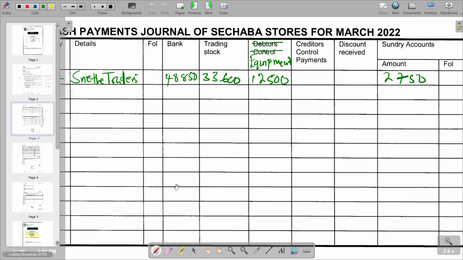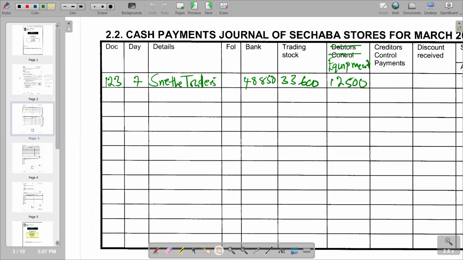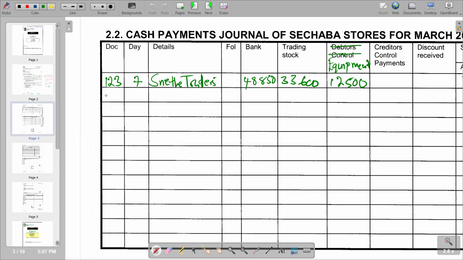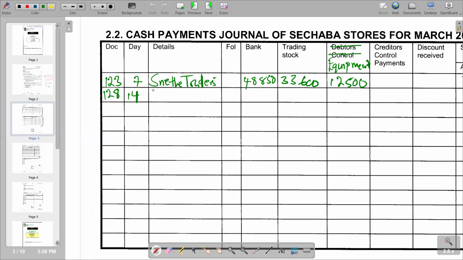So we go to our other section, and we see the document number. Remember the value that we located, 128. So we say 128. Then on the day, remember it's 14. So you say 14. And then on details, we are putting the name of the municipality, which is Umpogolo Municipality.